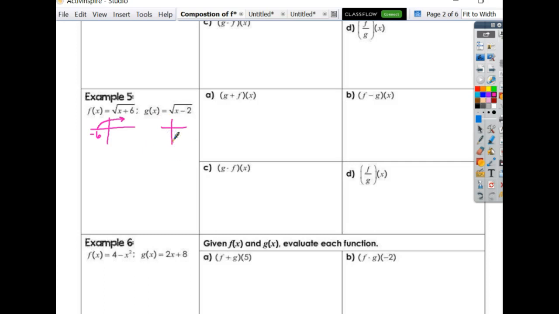This is the absolute value again. Which way does the minus 2 shift? 2 to the right. So this goes this way. And this is 2. So this one is x greater than or equal to negative 6, and this one is x greater than or equal to 2. If I'm going to combine those, which one do I have to use?